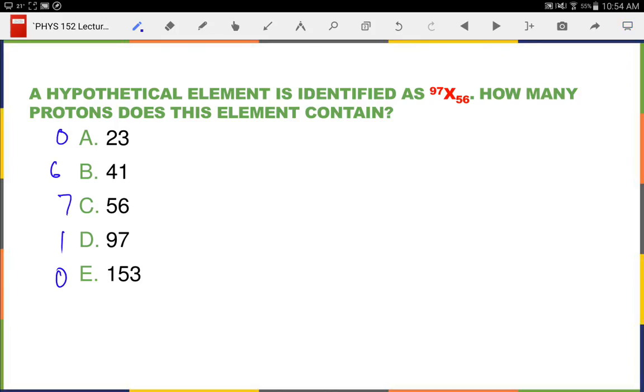All right, let's give her a second shot. And let's do better.